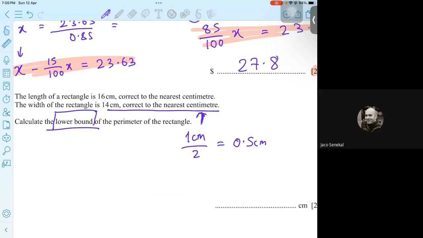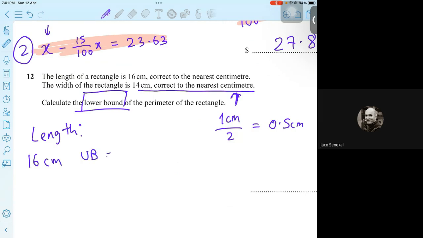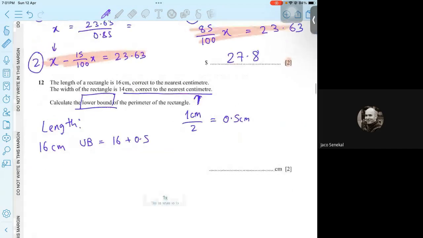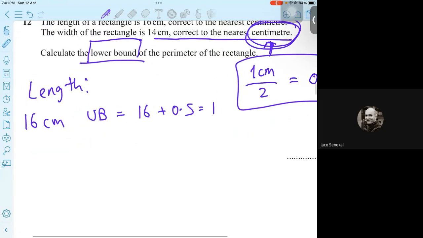Okay? So let's start with the length. When I have 16 centimeters, the upper bound has to be 16 plus 0.5. Where did I get the 0.5? From here. Okay? Whatever they give you, just have that. So that is the upper bound, and I get 16.5.